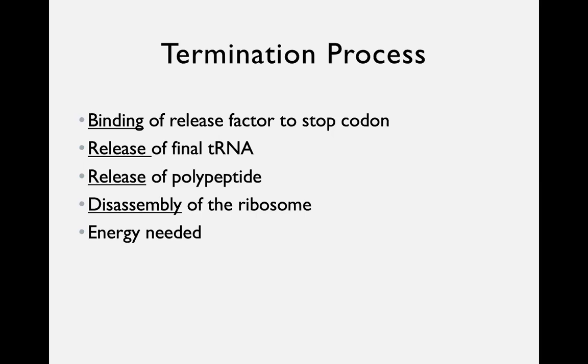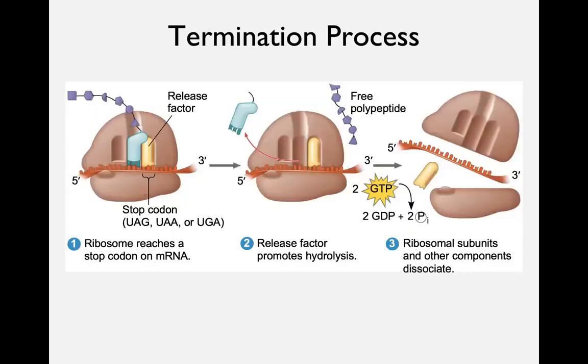Okay, so let's see what this looks like on our diagram here. Here we have our ribosome. We got to one of our stop codons. Here are the 3 options. We'll just say that's UGA, for example. A release factor is brought in. They make it a different color in this diagram, which is helpful, indicating that there's no amino acid attached to it.